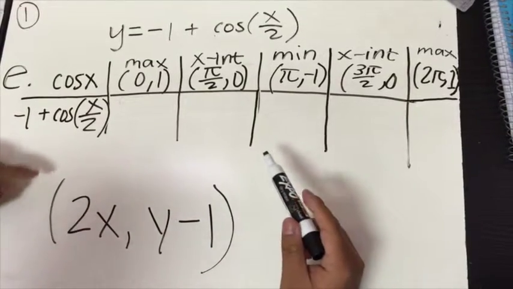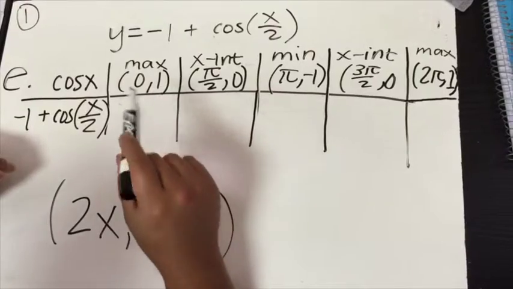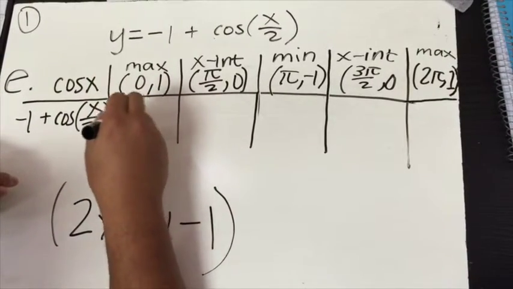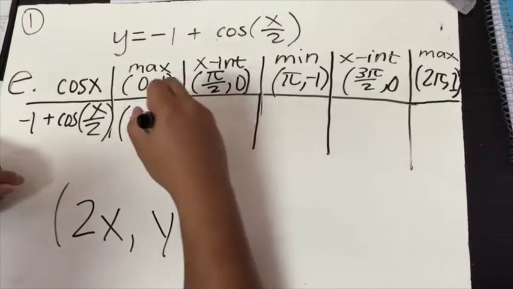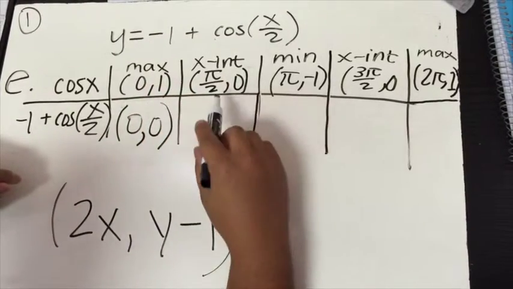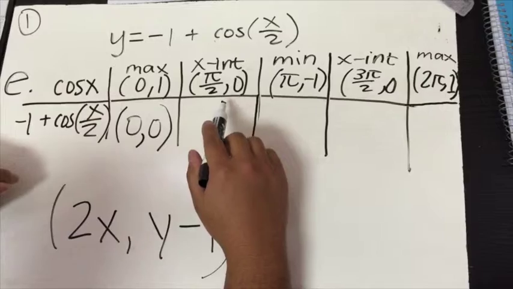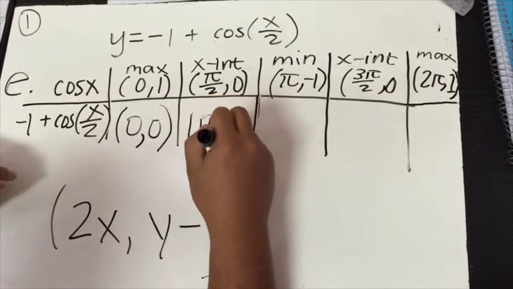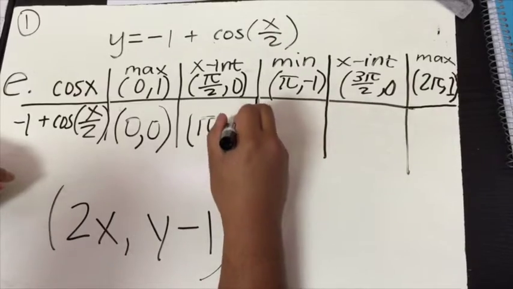So we'll start with the first coordinate. So 2 times 0 is 0, and 1 minus 1 is 0. Pi over 2 times 2 is pi, and 0 minus 1 is -1.